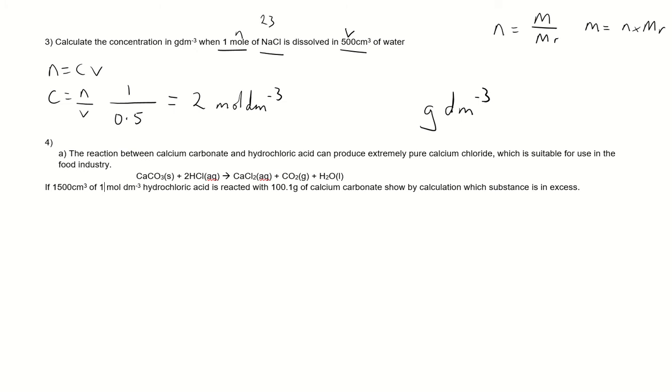So 23 plus 35.5. So 2 times 58.5. So 117 grams per decimeter cubed there.